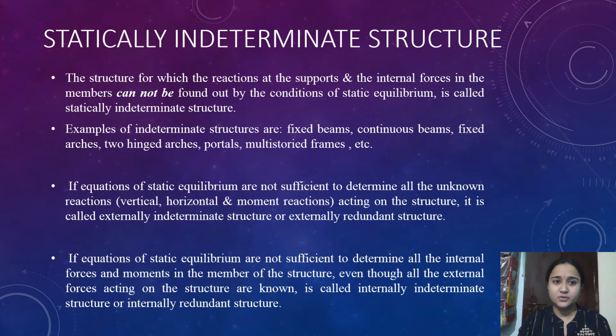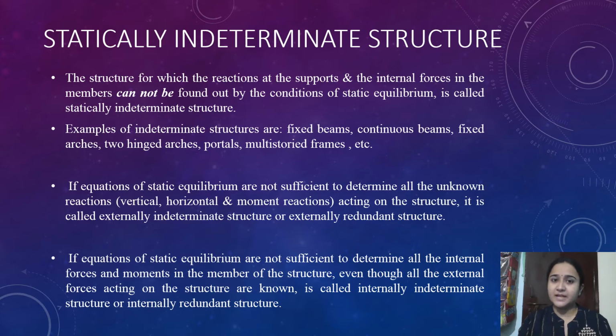Moving to the next one, statically indeterminate structure. There we can find out the unknowns, and here we cannot, so that is the main difference. A structure for which the reactions at supports and internal forces in members cannot be found out by conditions of static equilibrium is called a statically indeterminate structure.